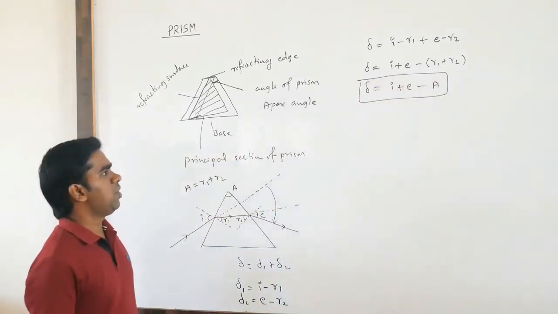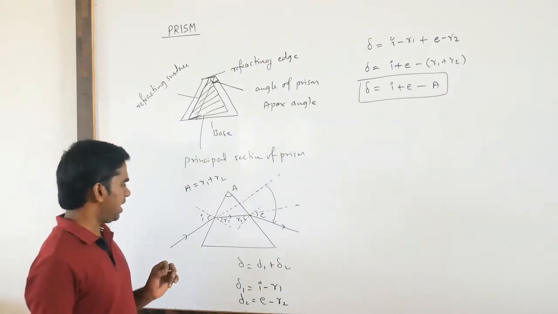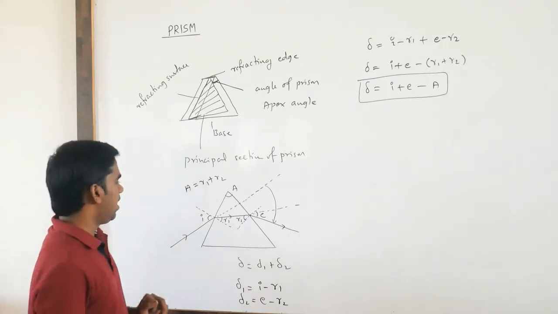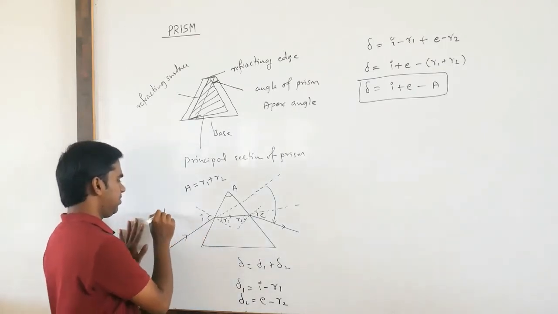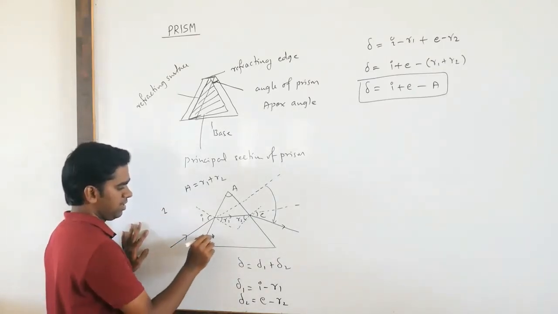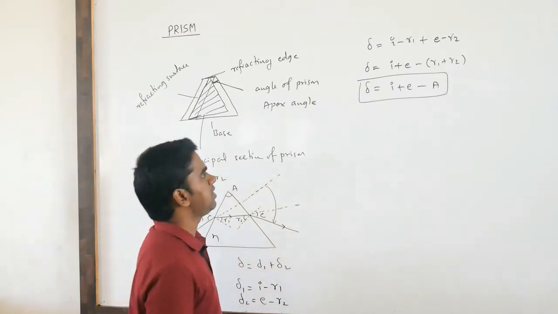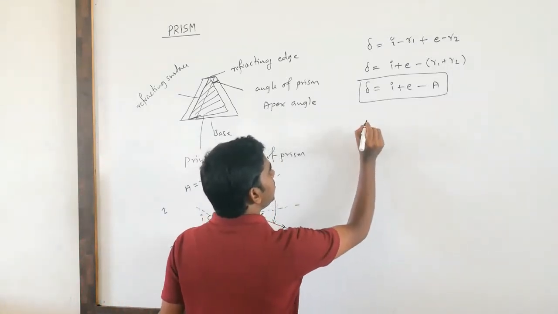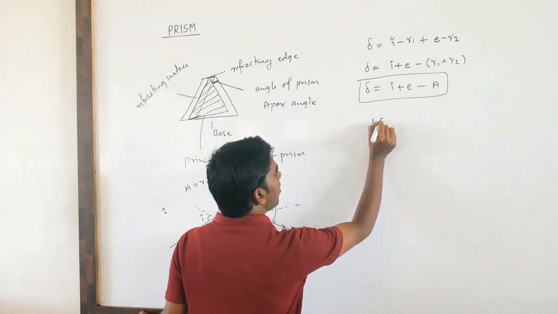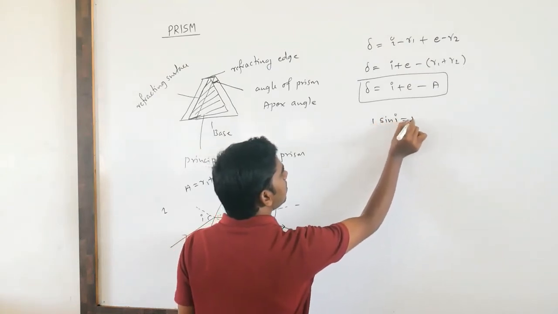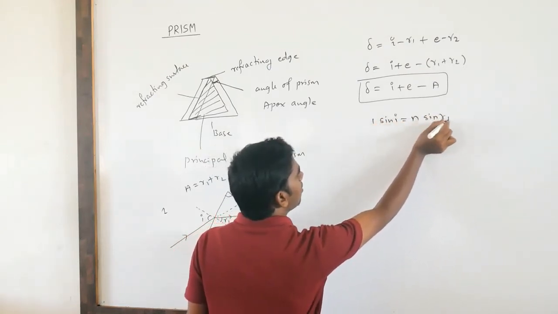If you want to know how the deviation depends on the angle of incidence, apply Snell's law here. This is the air medium, with refractive index 1, and this is the prism, with refractive index n. Applying it, 1 sin I equals n sin R1.